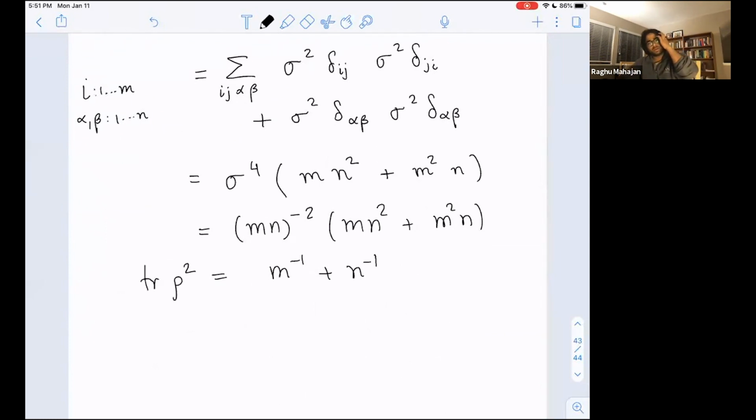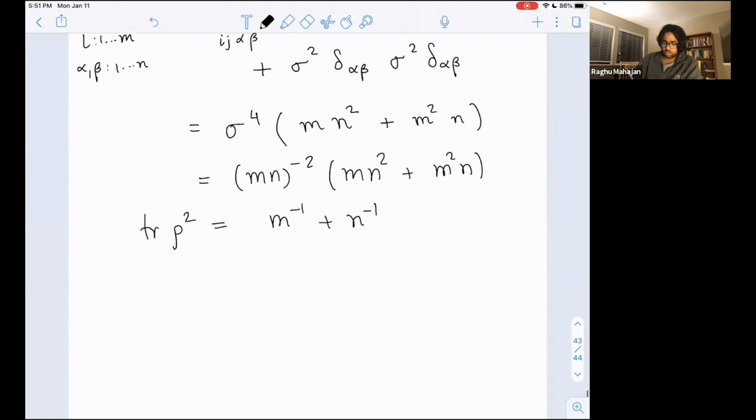Okay, but let's analyze this. So let's say initially, at the initial times, when a black hole is mostly large, m is much larger than n. It's mostly black hole and no radiation. And then we expect, just from this formula, the m inverse term is not important at all, and this is n inverse.